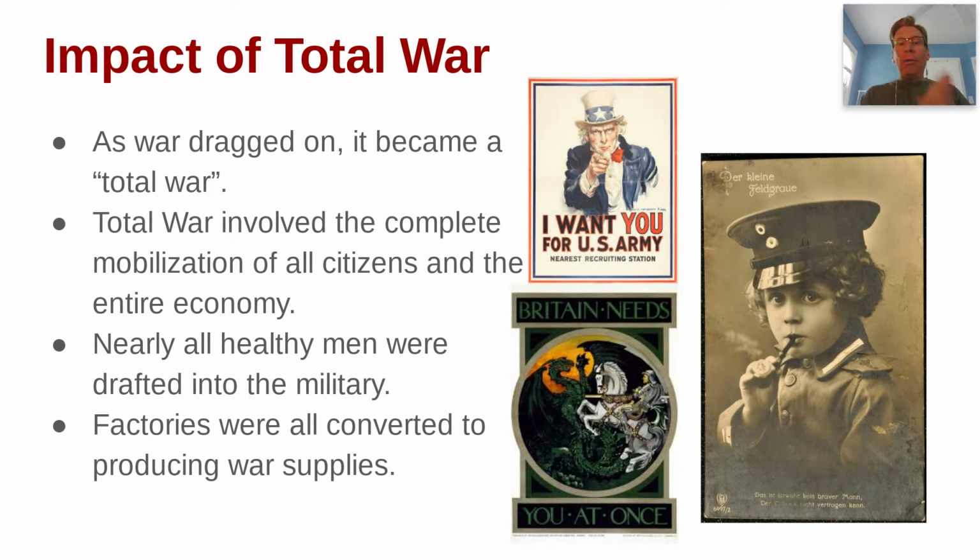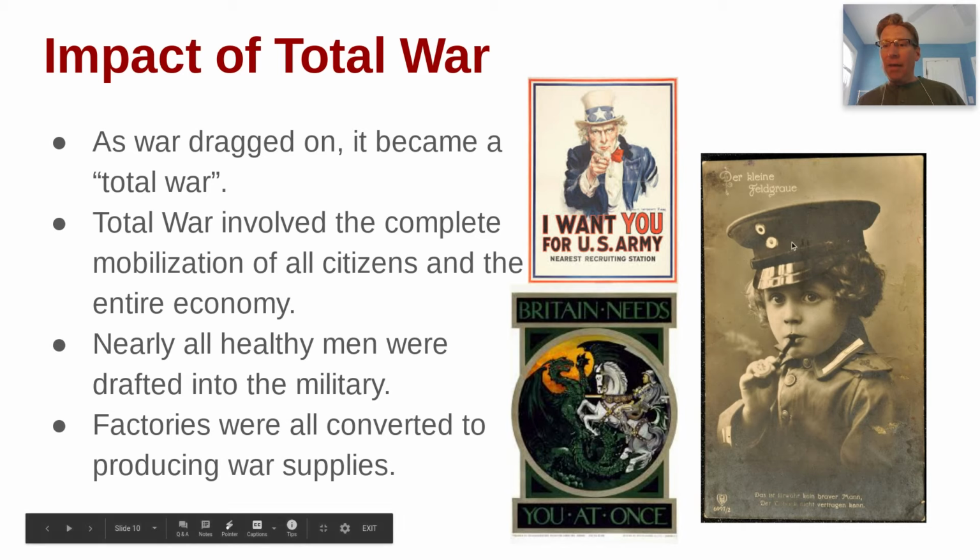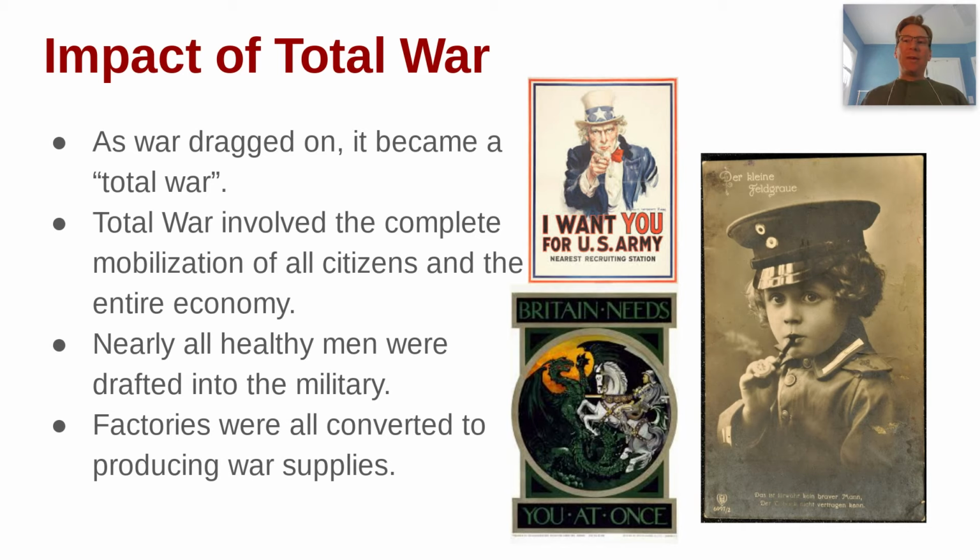Now, nearly all healthy men are drafted into the military, and as the war goes on, you start to see some range on who is considered a draftable soldier. It might start early on: we're going to take men between the age of 20 and 35, and then it becomes 18 to 40, and then it becomes 16 to 50 as the men are dying in the war. You can actually see this image right here of a child who served in the German army as a runner.